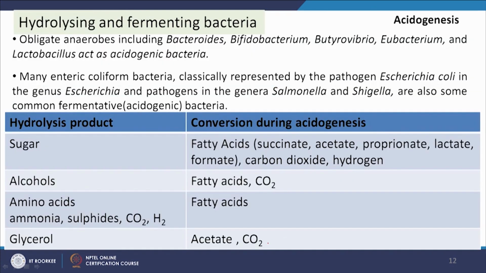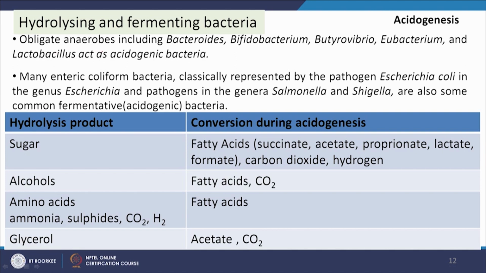And there are some microorganisms which are responsible for the acetogenic reactions, acetogenesis, that means the simple organic compounds which are produced, like, say, sugar, fat, lipid, etc. will be converted to fatty acids, short chain fatty acids. So, that is the role of the acetogenic bacteria.